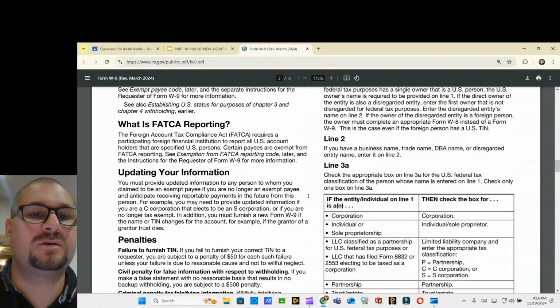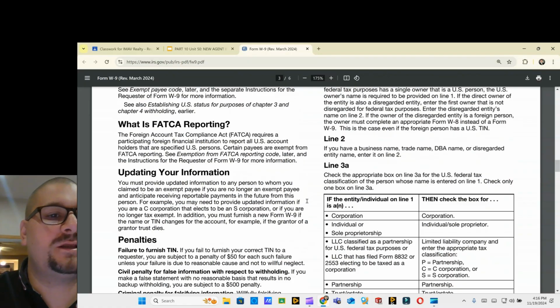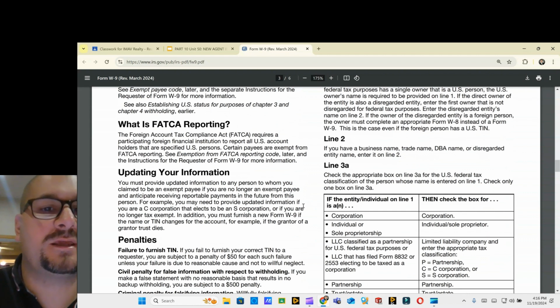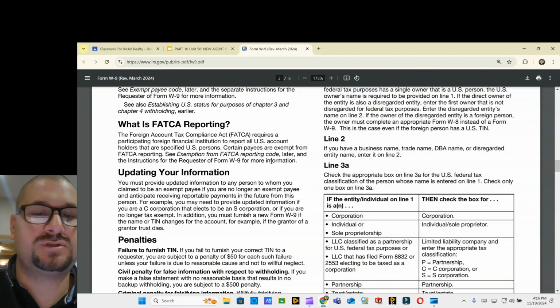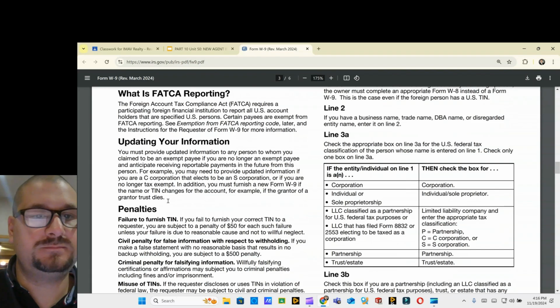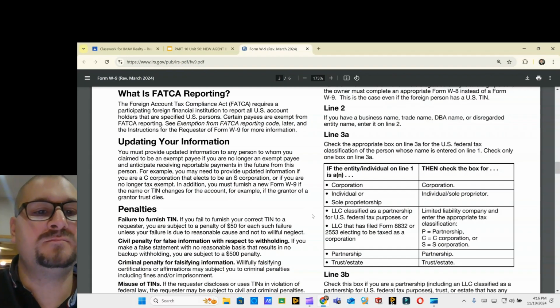All right, what is FATCA reporting? So it's the Foreign Account Tax Compliance Act. The Foreign Account Tax Compliance Act requires a participating foreign financial institution to report all U.S. account holders. Okay, updating your information. You must provide updated information to any person to whom you claim to be an exempt payee, if you are no longer an exempt payee and anticipate receiving reportable payments in the future from this person.